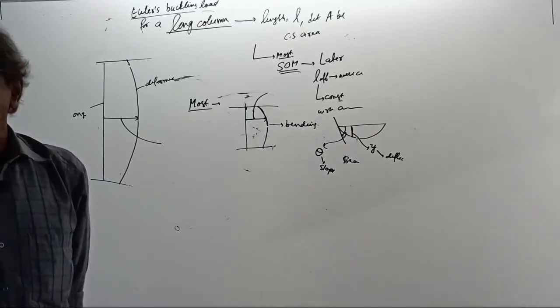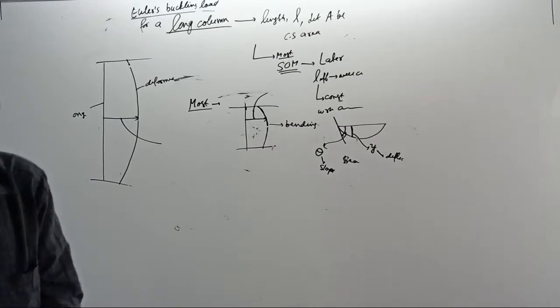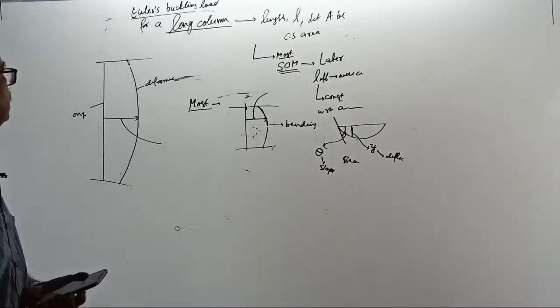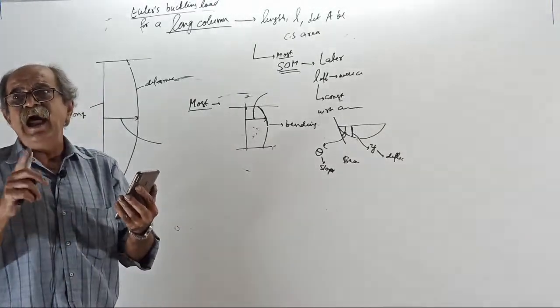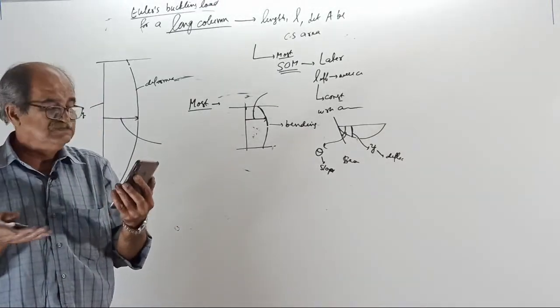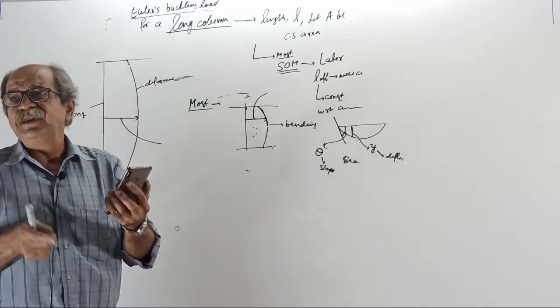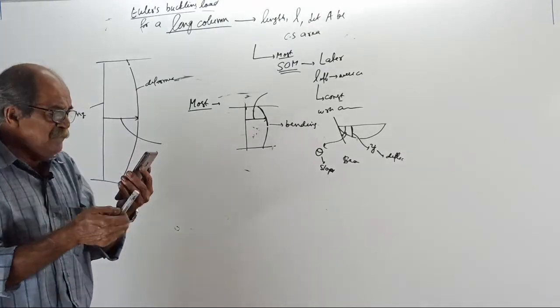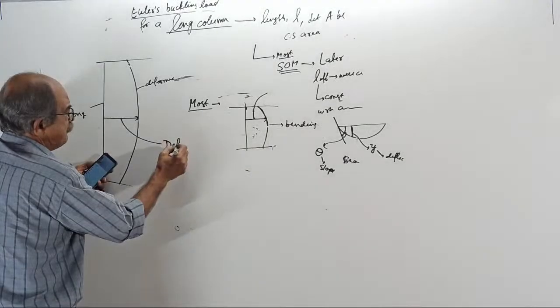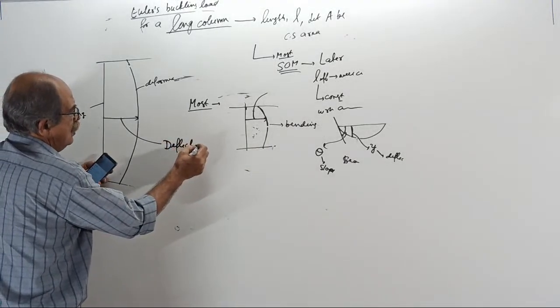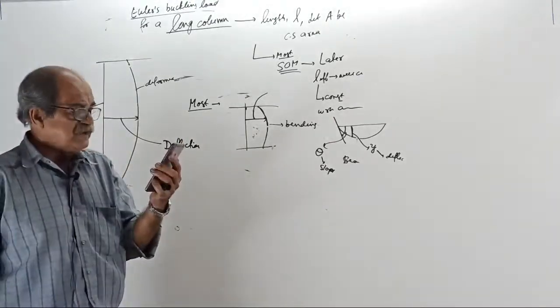One is linear displacement, the other is angular displacement. We call it in simple language, linear displacement. You are going into complication. We call this deflection. Tell yes or no.